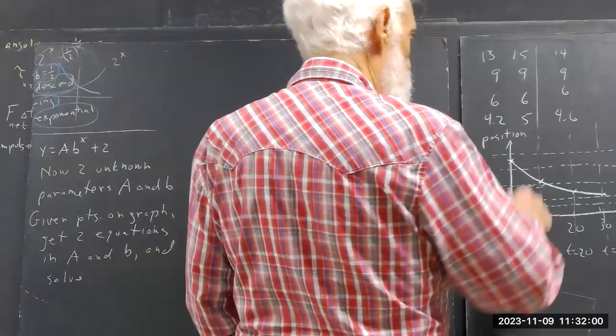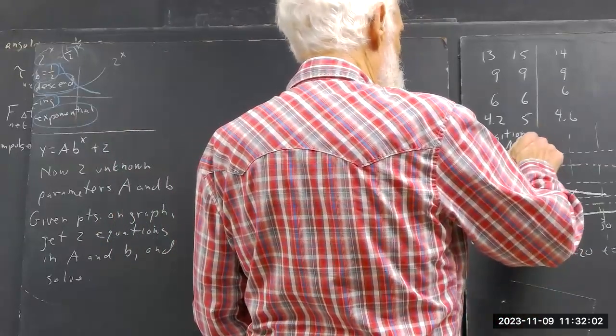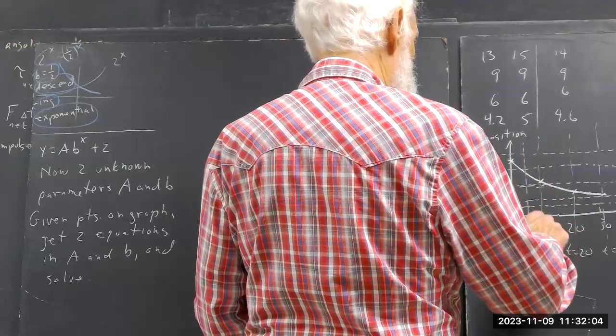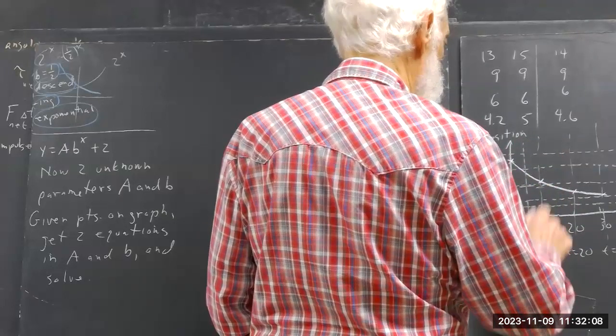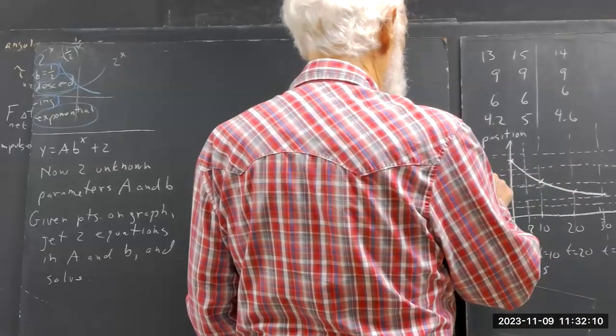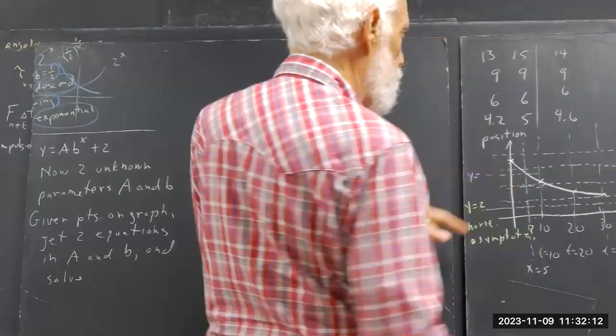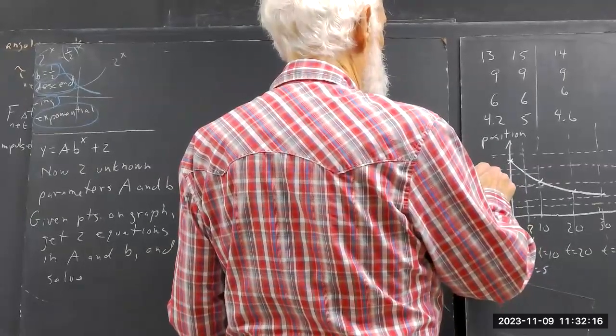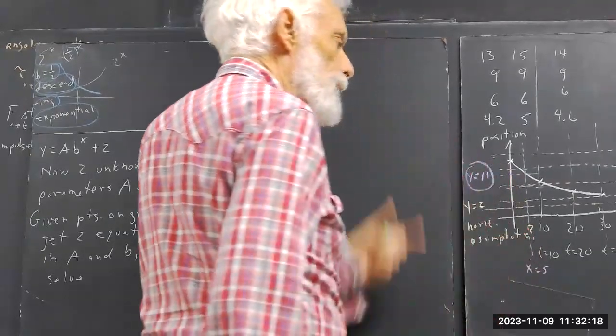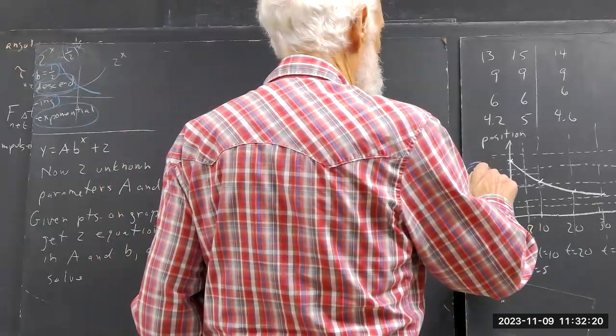For that reason, I'm going to go to x equals 5 here, sorry. Can't tell x from y. X equals 5, and we get y equals what? There's 8, there's 12, there's 10. I'm saying y is about 11. Approximately. It's an estimate.